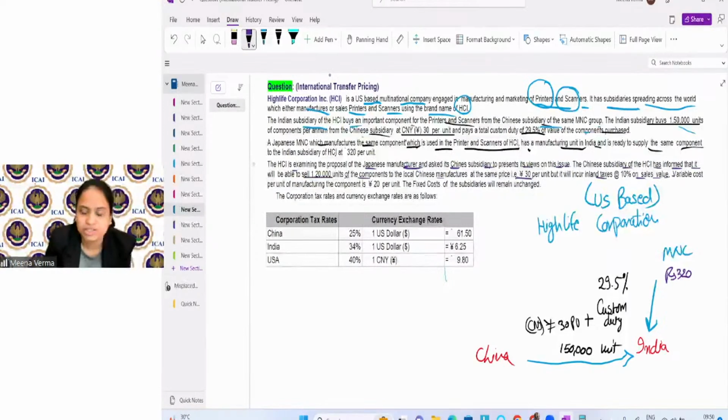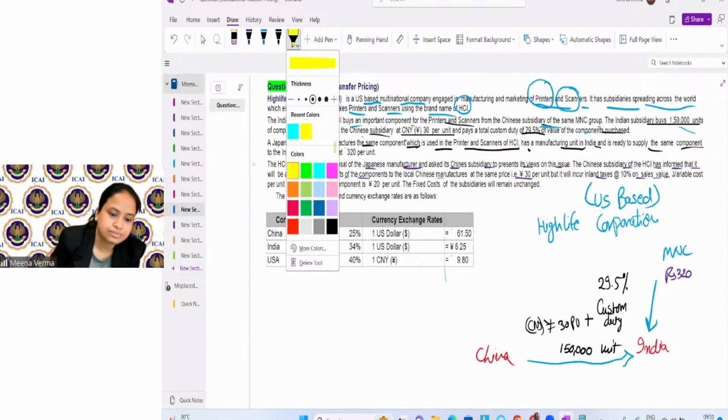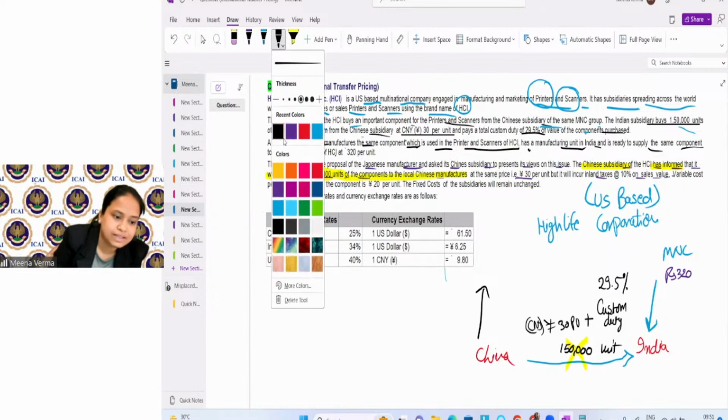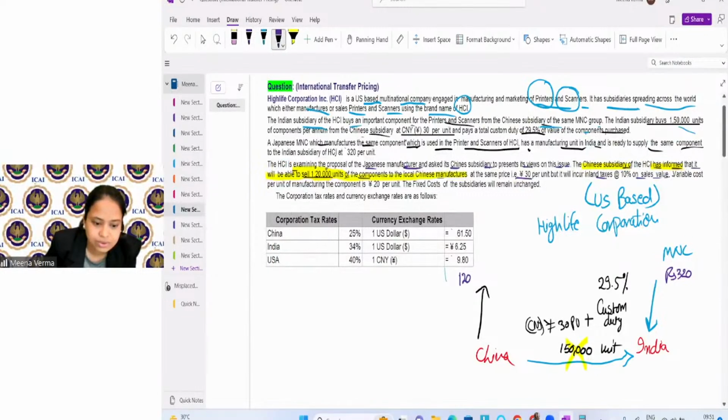See, what is the Chinese company informing? It will be able to sell units of the component to a local Chinese manufacturer if they do not transfer the units to India. They have the option to sell it in their local market. How many units? They can only sell 1,20,000 units.